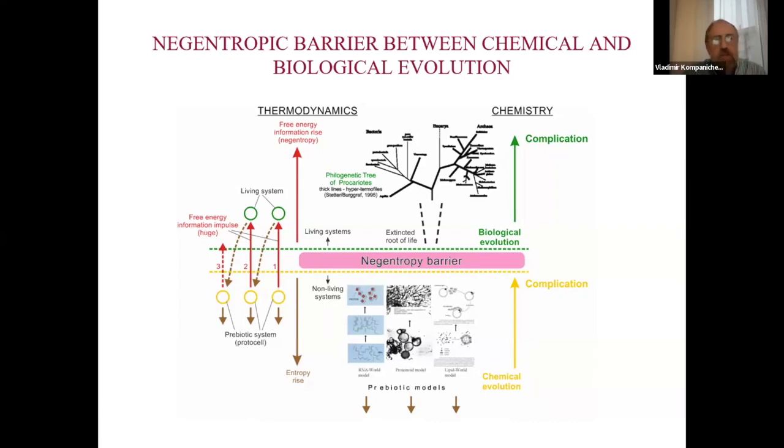It seems that there exists only one way for a prebiotic microsystem to overcome this barrier: if it obtains such a huge impulse of free energy due to strong change in the environment that compensates its natural tendency to increase in entropy and creates an excess of free energy in the microsystem that can be used for further reorganization of the system, increase its surplus free energy and evolution to life.